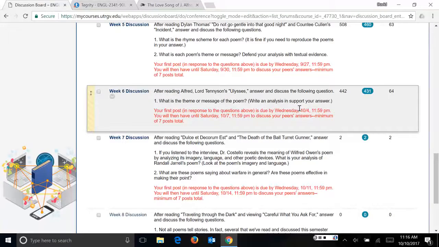In this case, when we're talking about poetry, it would mean breaking down a poem into its parts: its form, its structure, its meter, its rhyme, its imagery, its language, whatever the case might be. And then from those elements, we can begin to piece together a message or theme.